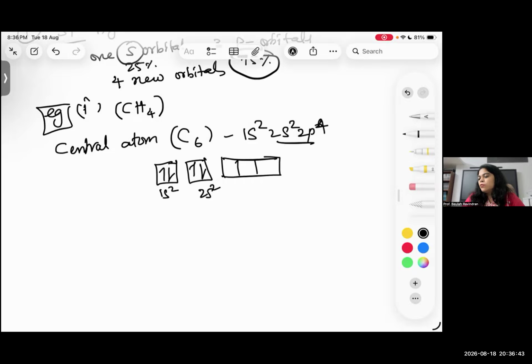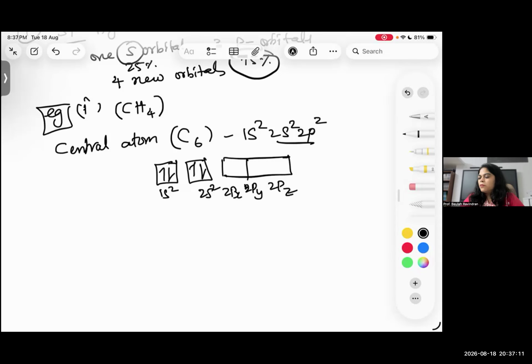So how it is formed? 2px, 2py, and 2pz. For carbon only we are talking about, 2p2.